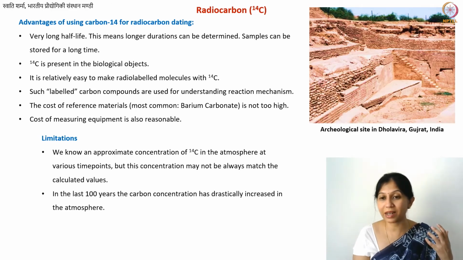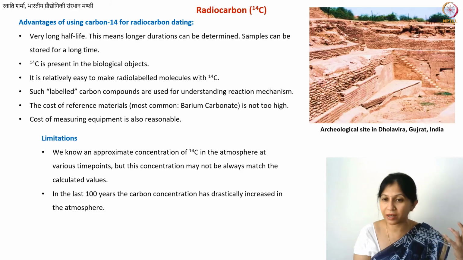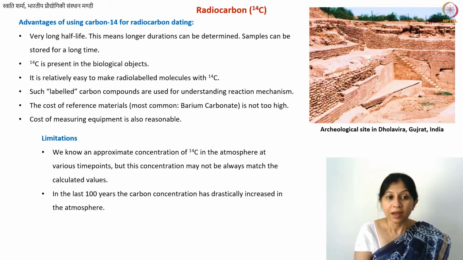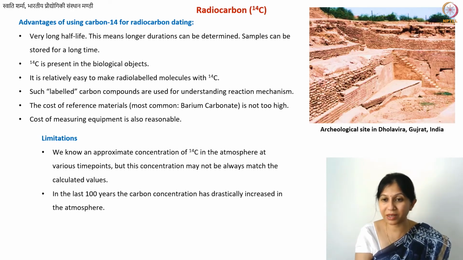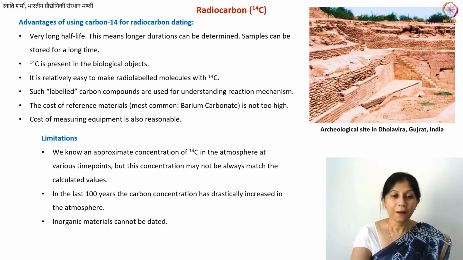Or because of any other reason, even a meteorite hitting and things like that. So because of these reasons, the atmospheric carbon concentration may not be exactly what we think, but still it's a good approximation.